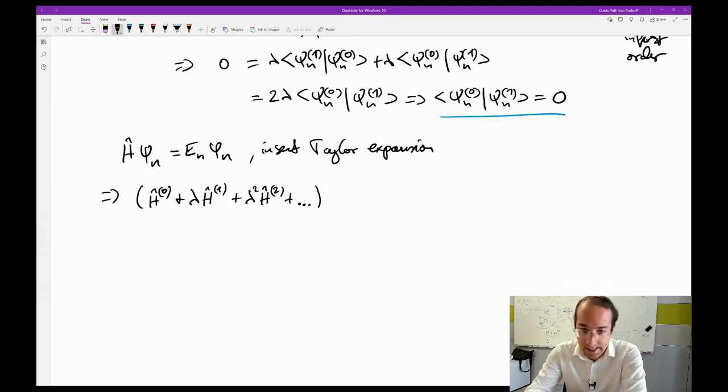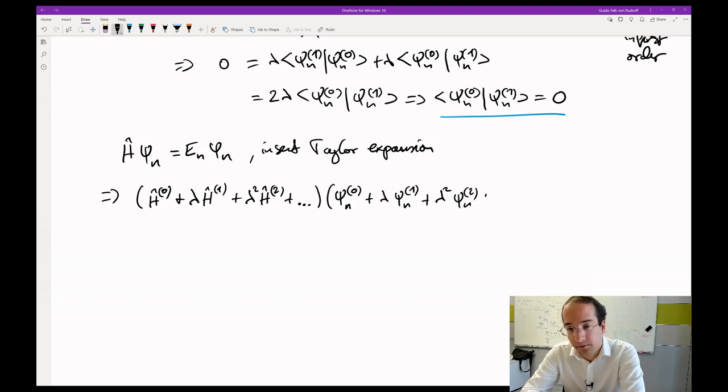For the wave function psi n, what we had was psi n of our unperturbed reference plus lambda times the linear response to that plus lambda squared of the quadratic response to that plus higher order terms.